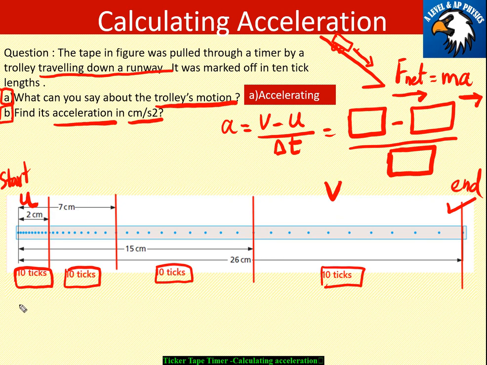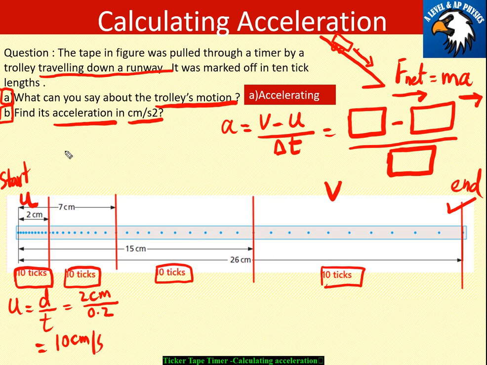Now how can we calculate u from here? u is simply equal to displacement over time. As the displacement is given to us, displacement is equal to 2 centimeters over time taken, and the time for 10 ticks is 0.2 seconds. So if we calculate from here, we will get that velocity is equal to 10 centimeters per second.